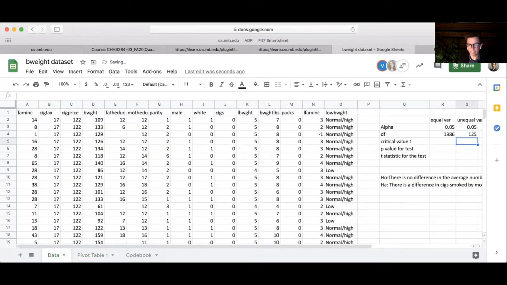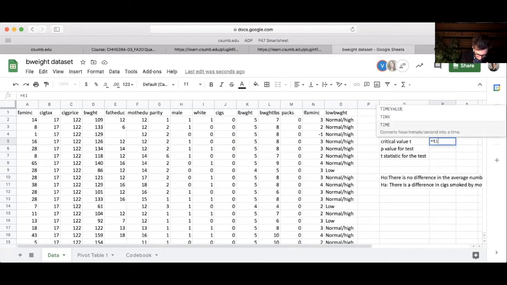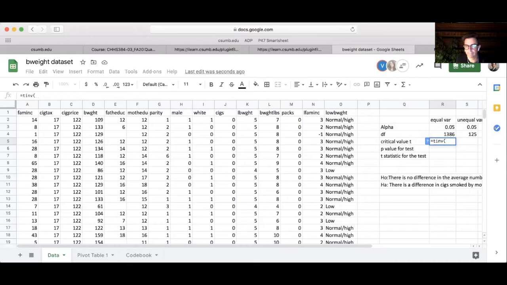Good. Now, determine the critical value T for alpha, right? For those degrees of freedom. So this is given by the T inverse. And we're going to put alpha here, 0.05, comma, the degrees of freedom, 1386.